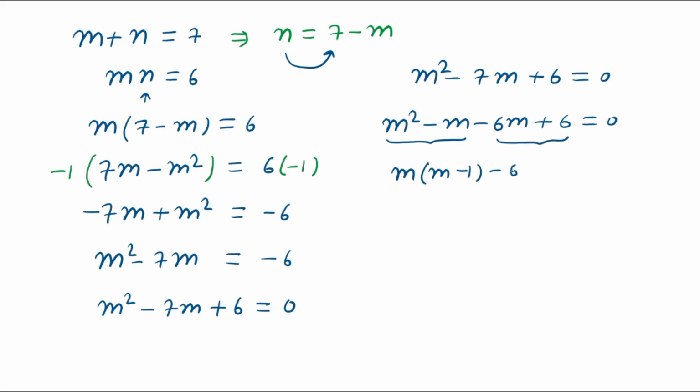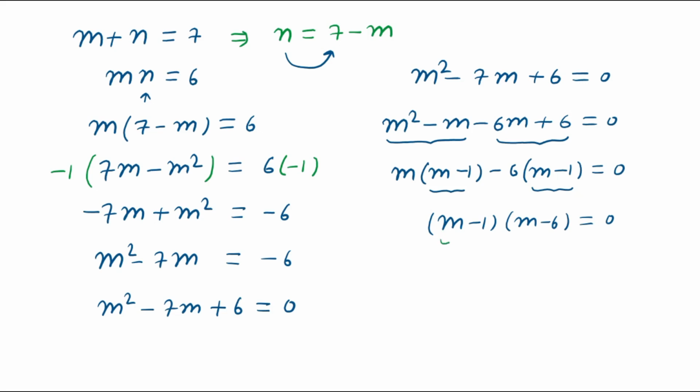If we take -6 common, then -6m divided by -6 gives m, and 6 divided by -6 gives -1. The common factor is m - 1, so we get (m - 1)(m - 6) = 0.